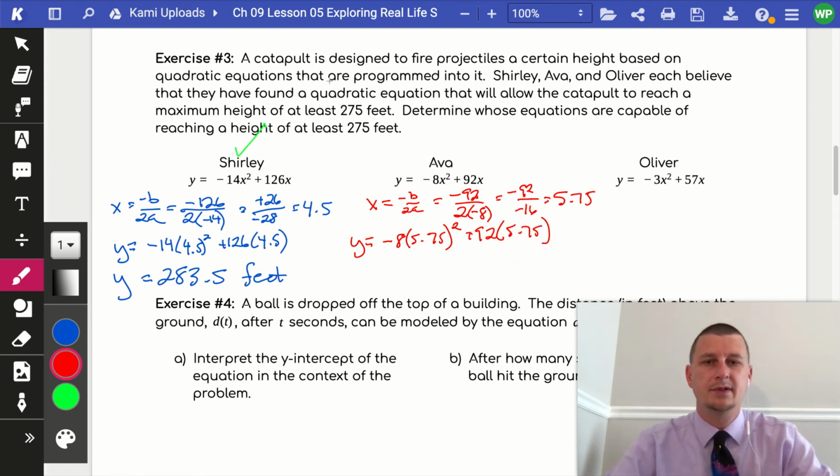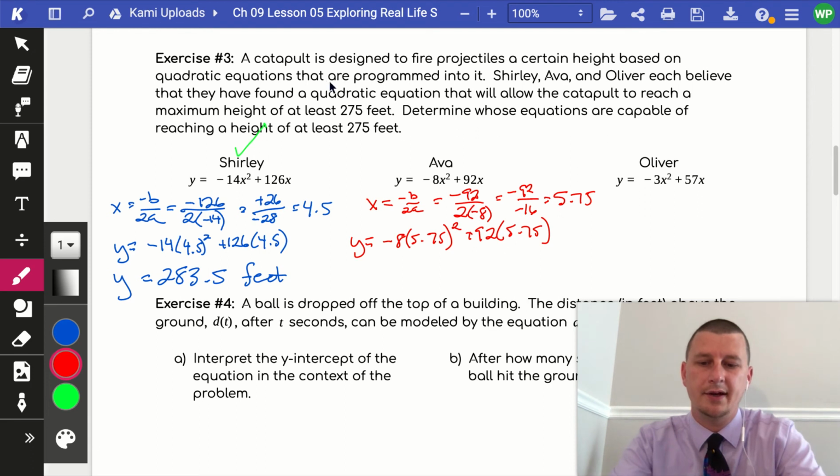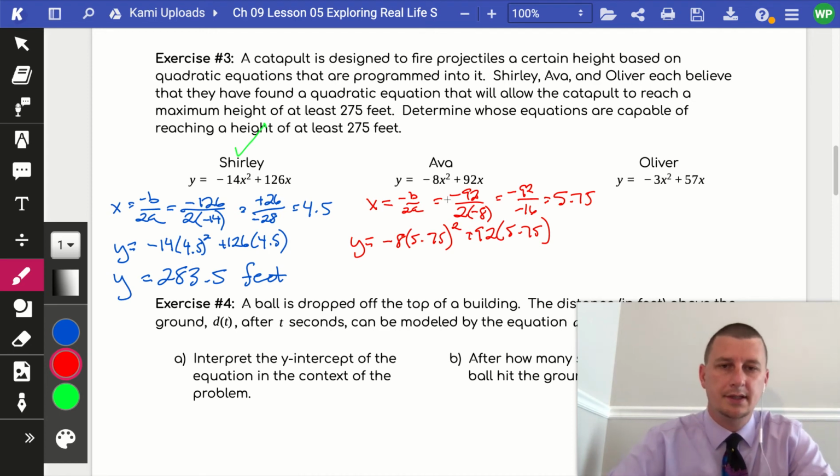And when we substitute all that in and put that in our calculators, we're going to get a total of 264.5.